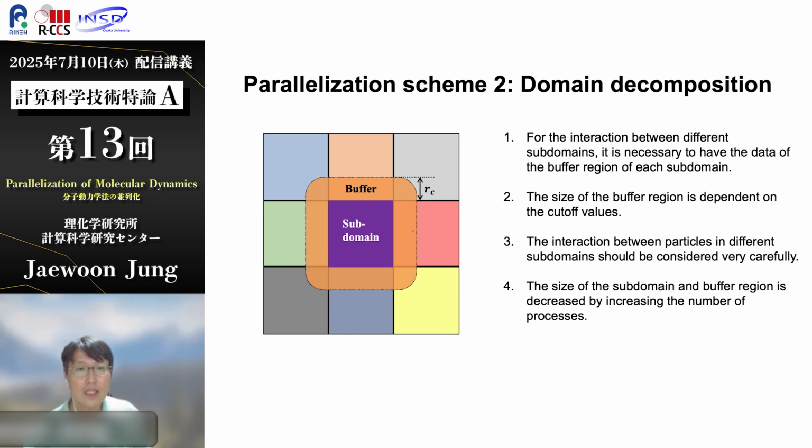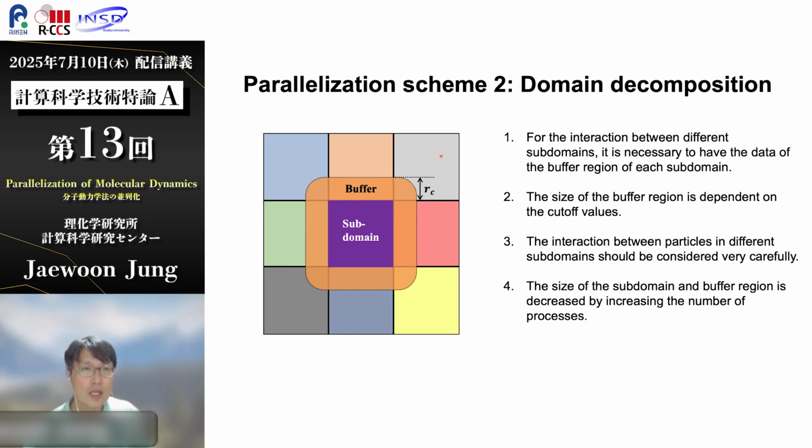And by increasing the number of processors, we can reduce the size of this buffer region and the amount of communication. So this is a good thing about domain decomposition. Each processor has only the data over its own region of the domain and an additional buffer. They don't need the data over another region.